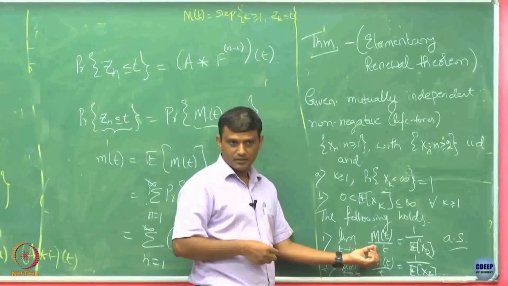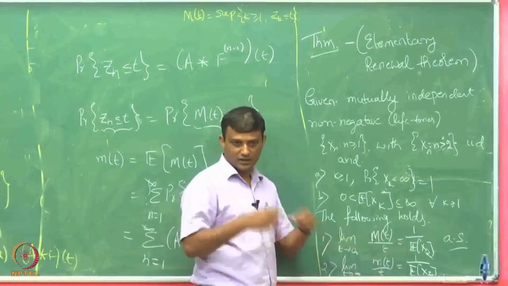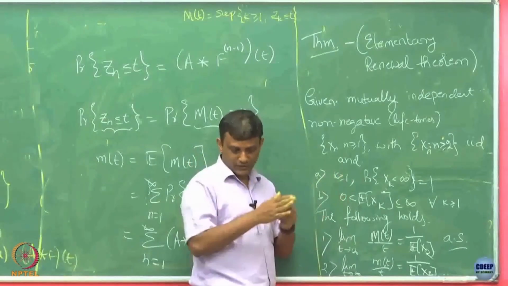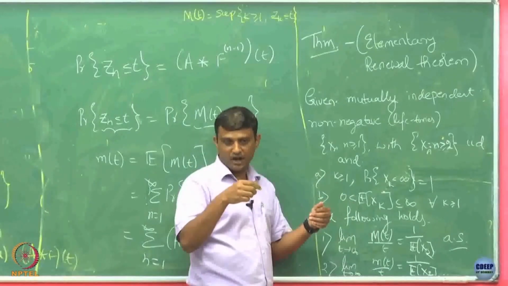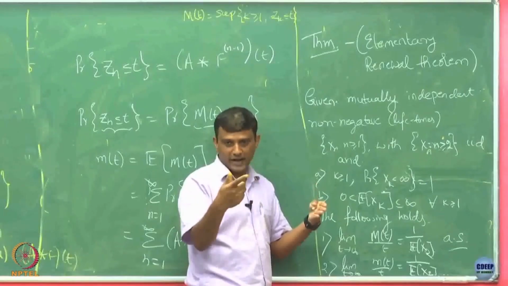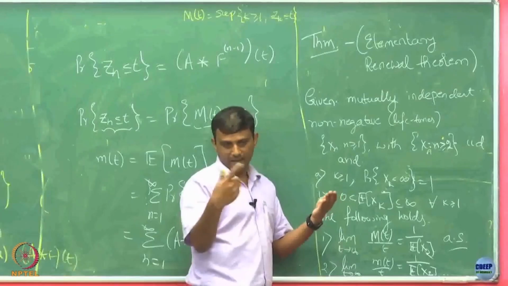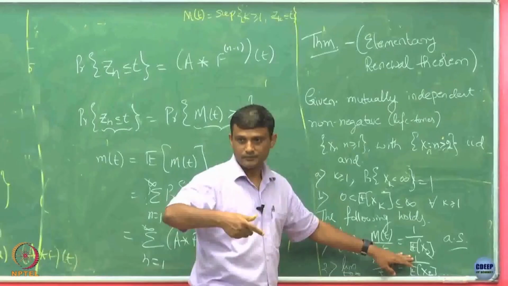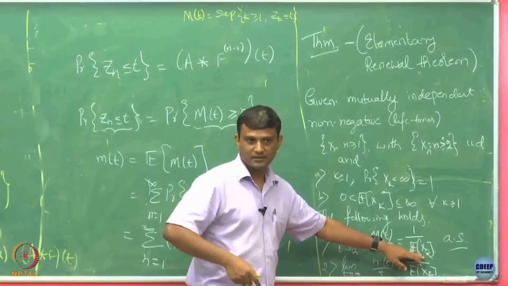If you take some time t and divide by t, the number of renewals by t depends on how much time it took for one renewal to happen. So you expect it to be inversely proportional to the expected time of that renewal itself, right?